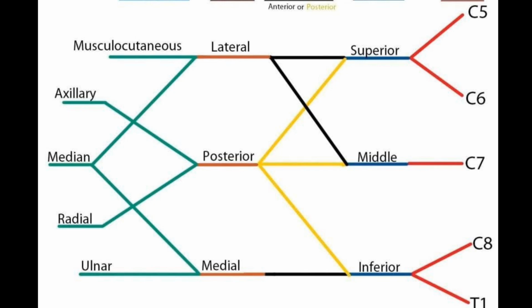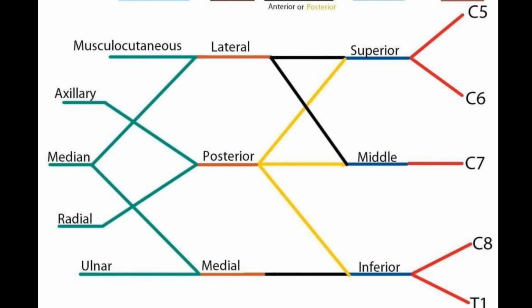So all the posterior divisions from all the trunks join to form posterior cord, and the anterior divisions of superior and middle trunk join to form lateral cord, and anterior division of inferior trunk continues as medial cord.